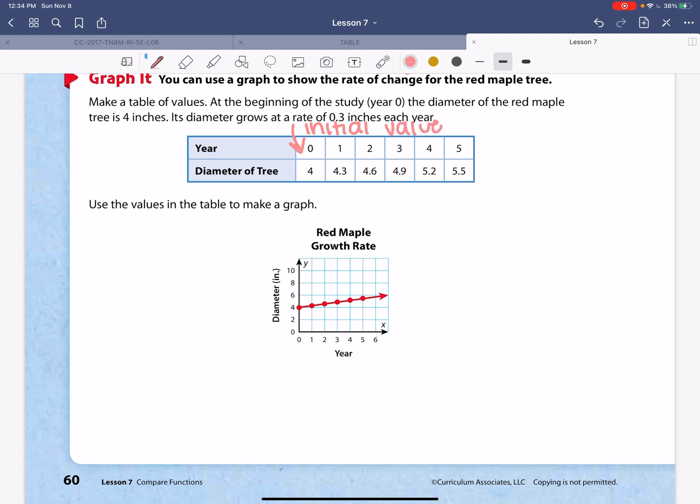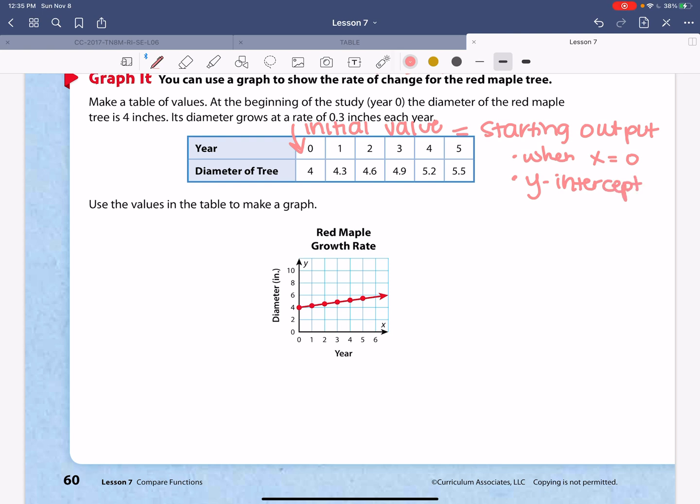Okay? Since our initial value literally means our starting output, we're looking for when x equals 0. And if we're looking at a graph, then we're looking at the y-intercept. Okay?